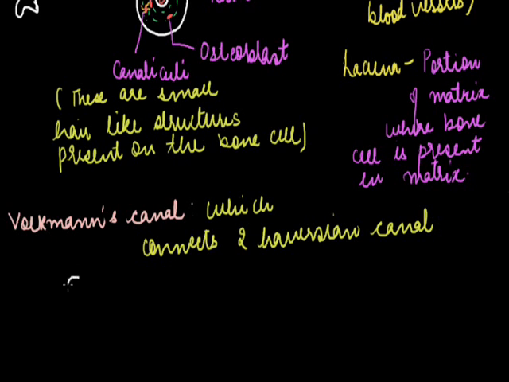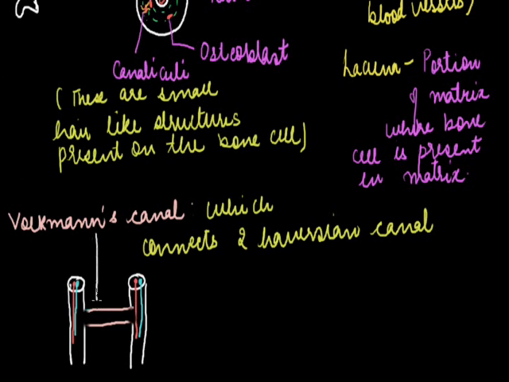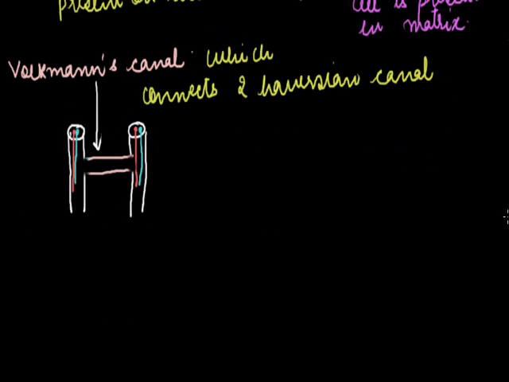If this is a Haversian canal, and this is one more Haversian canal, the canal connecting them is called the Volkmann canal. It contains blood vessels. So this is the characteristic structure of a mammalian bone.